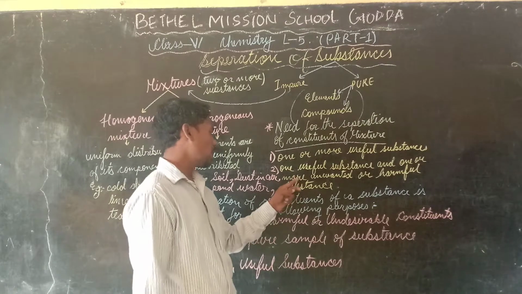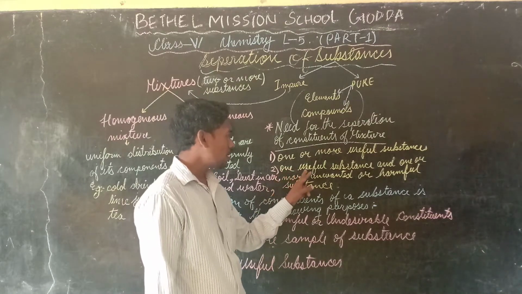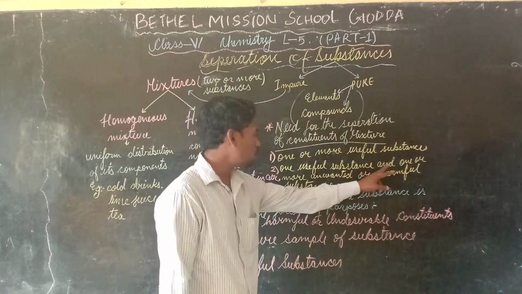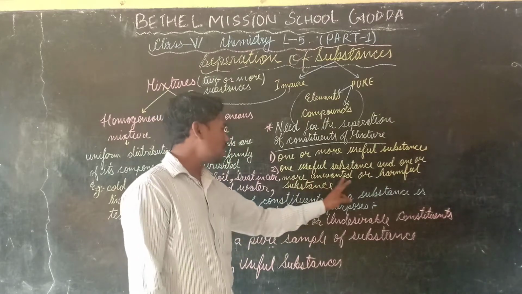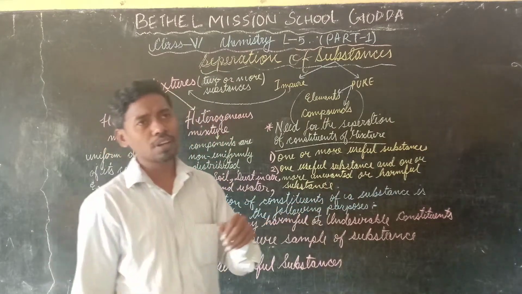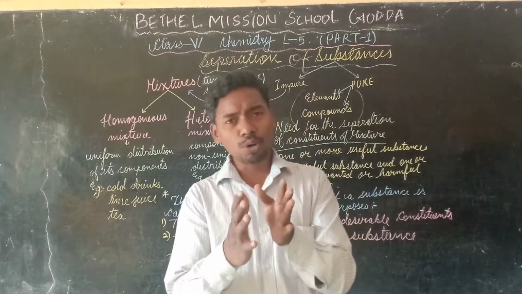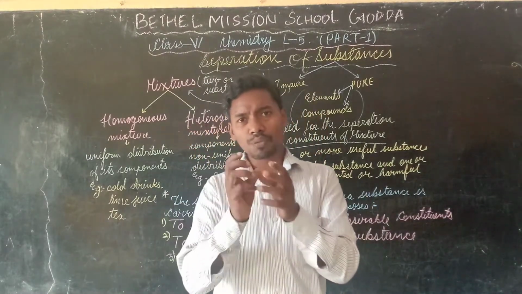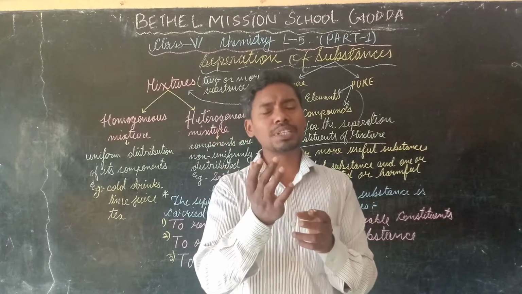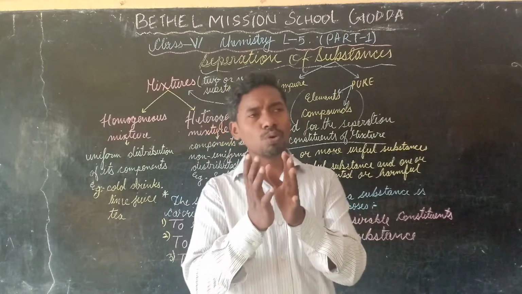Then sometimes, there is the presence of one useful substance and one or more unwanted or harmful substances. For example, let us talk about iron ore. From iron ore we need iron, but iron ore is basically iron oxide.